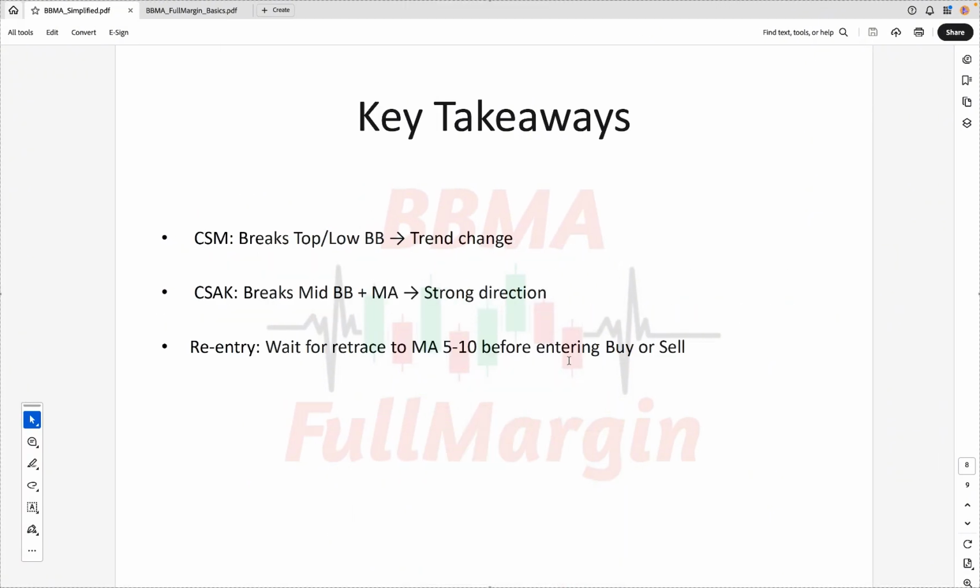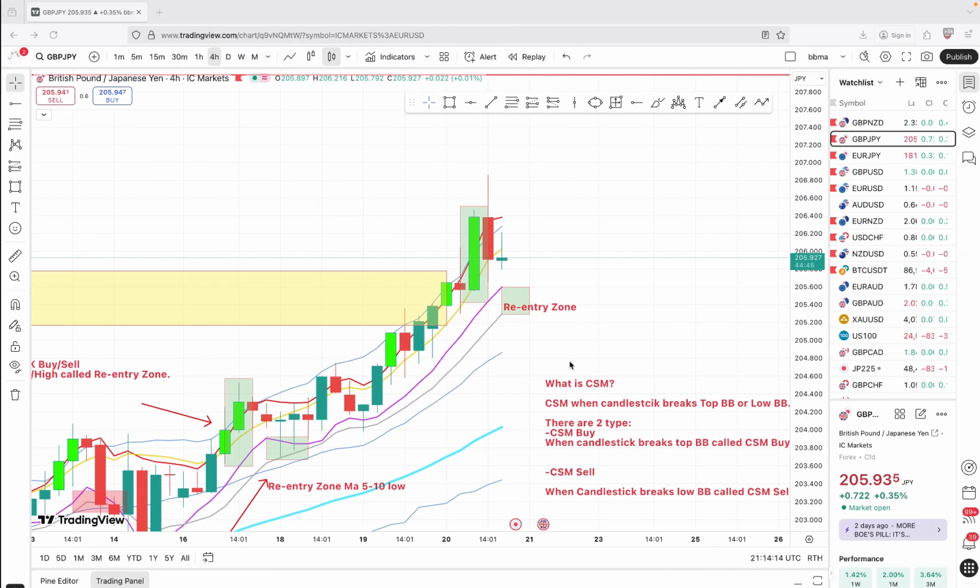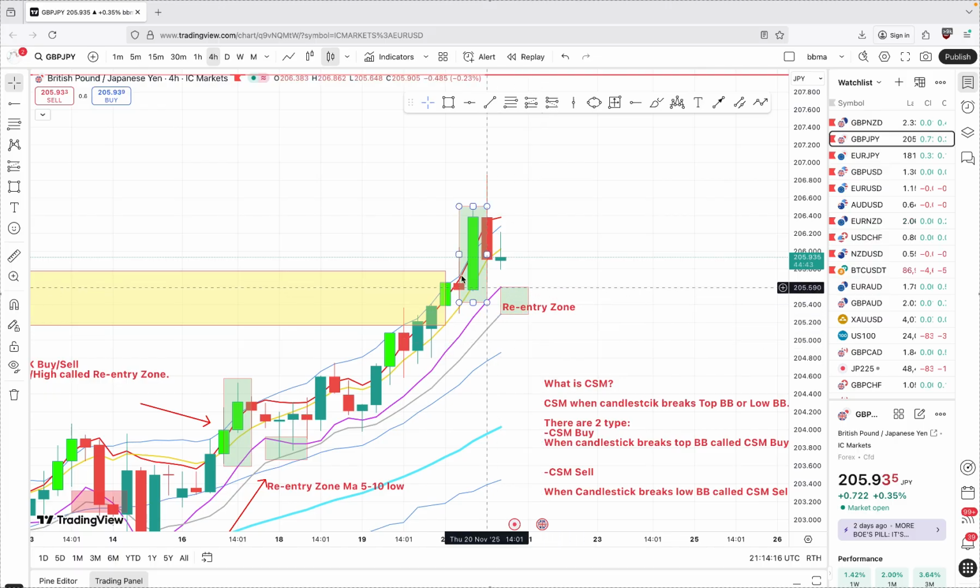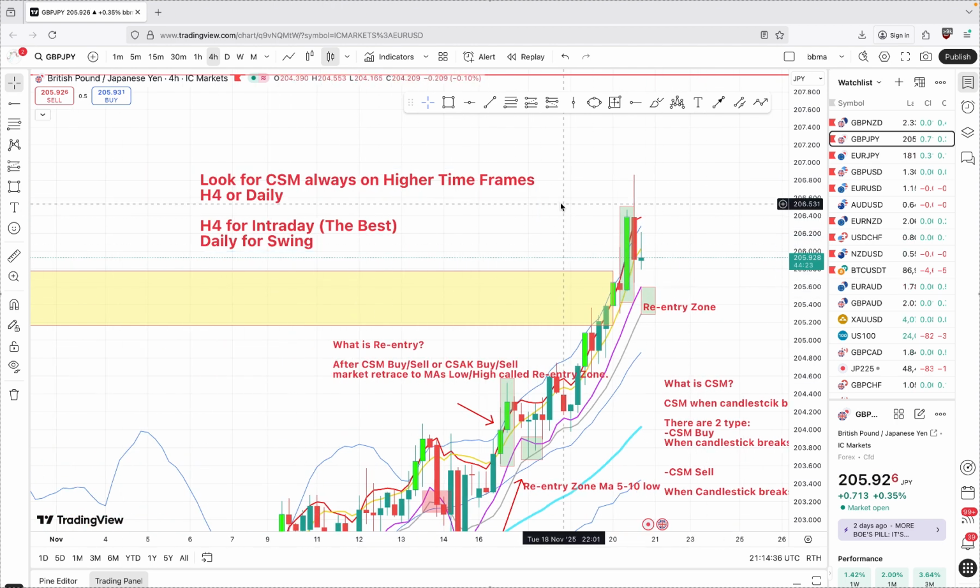Yeah, I already explained this, and this is really important. Just mark the zones like this. You saw the CSM buy. This is our zone, after CSM. MA 510 low re-entry zone. We will wait for the market to come to this zone, and the confirmation is always with time frame 2 and 3. This we look at always on time frame 1.